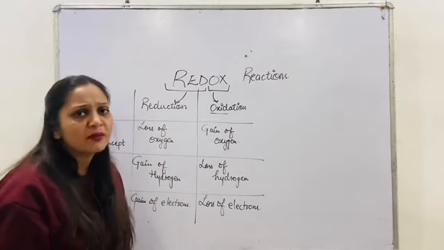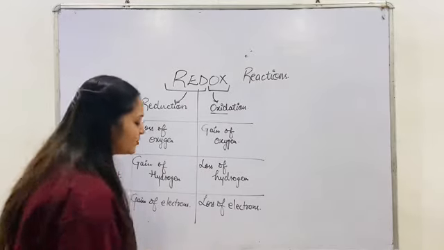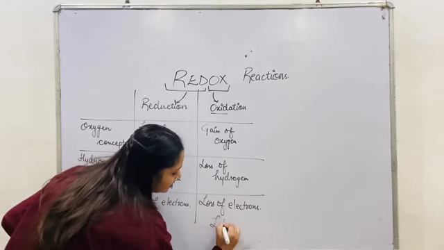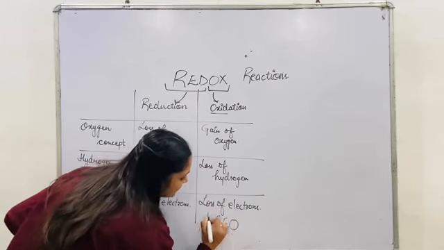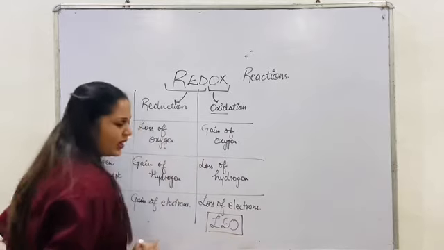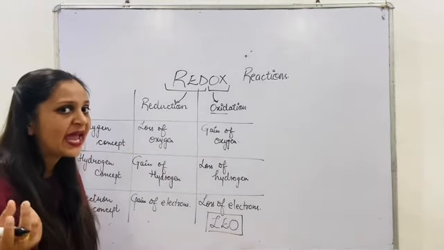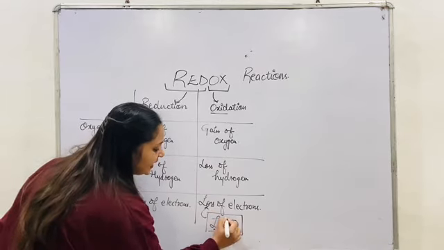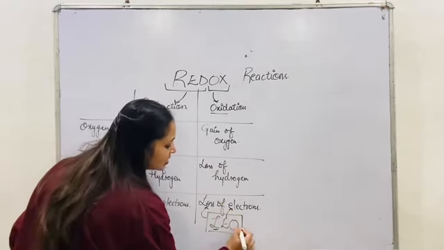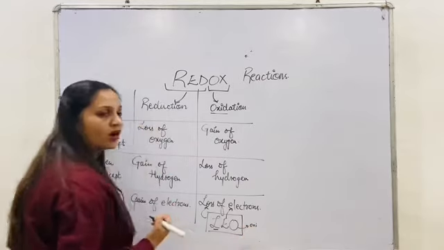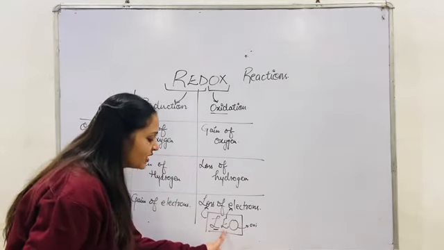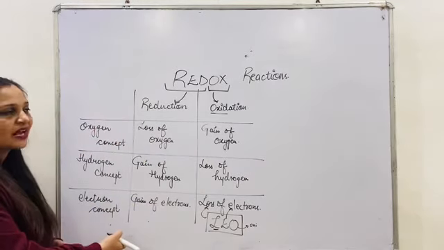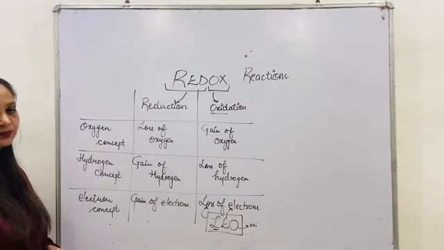How could we remember that? I have a trick for you. You may remember it by a very simple word, Leo. Have Leo in your mind: L stands for loss, E stands for electrons and O stands for oxidation. So loss of electrons is oxidation, and opposite to that, gain of electrons is reduction.